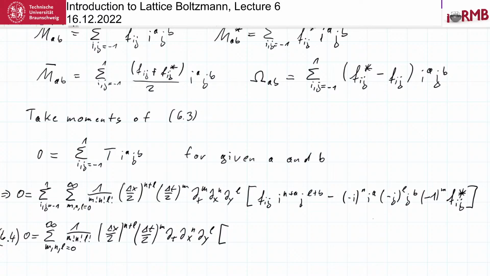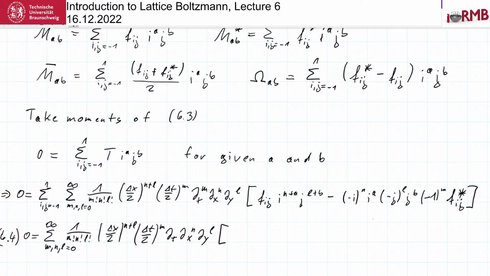Okay, and you see we have here pre and post collision with a minus in between, and this minus i by the power of n minus j by the power of l. This gives us alternating signs for even and odd orders of n and l, obviously.